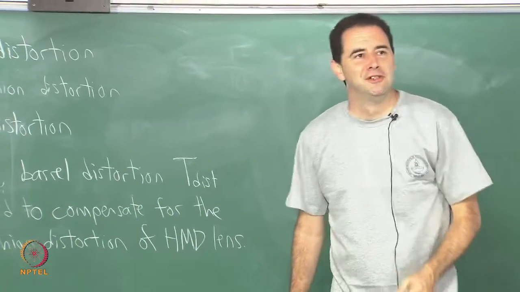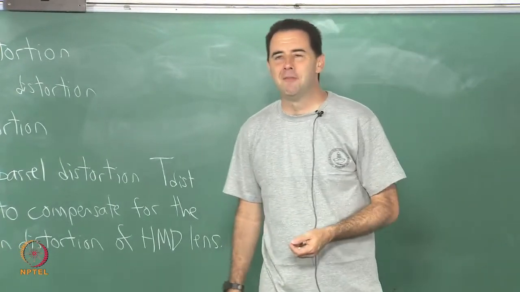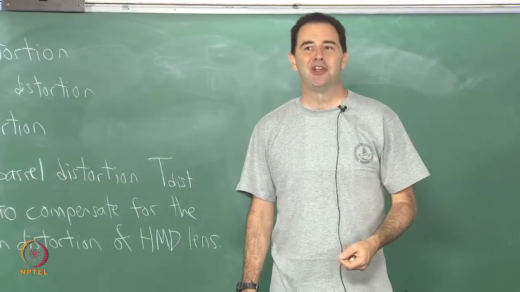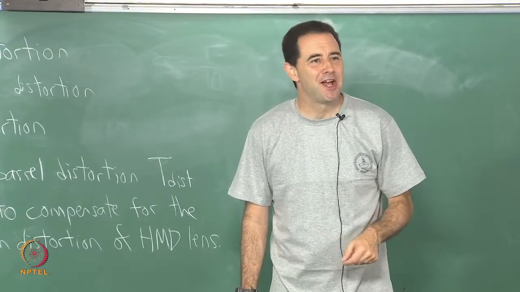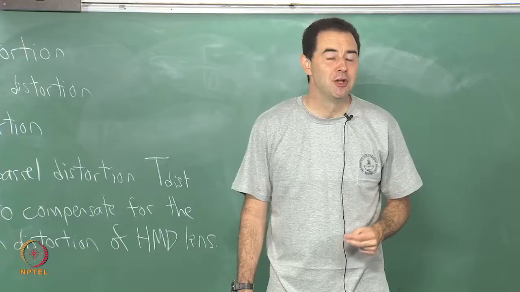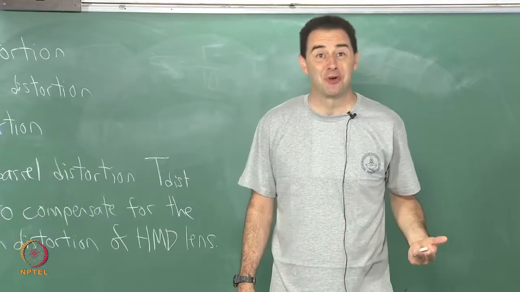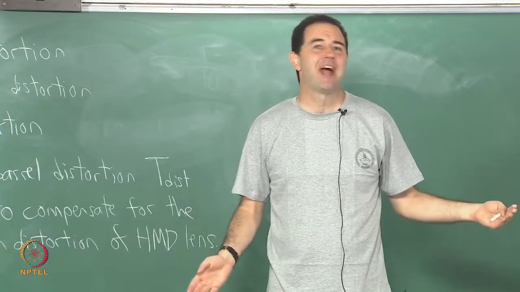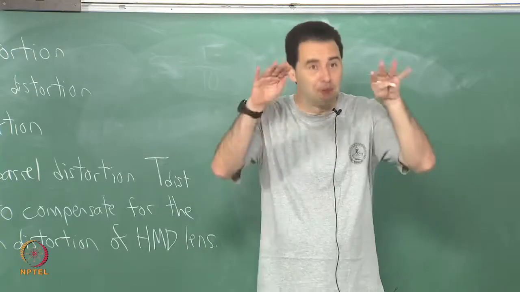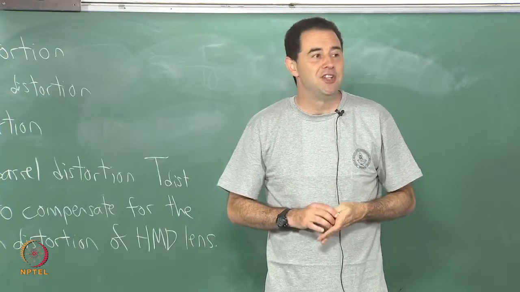I like to think of it as a barrel pincushion annihilation, right? The pincushion is one kind of distortion. You apply the opposite distortion, which is a kind of mathematical inverse, and then when you put the two together you get the identity, which hopefully should be everything is perfectly straight. It's easier said than done.